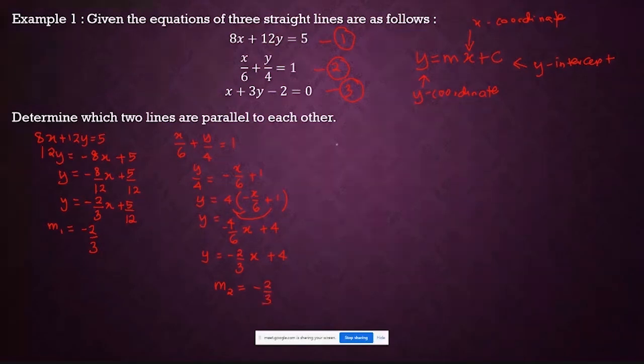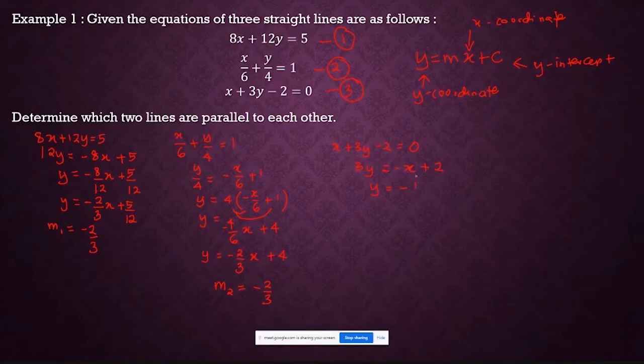Okay, next for the third line, x plus 3y minus 2 equals 0. Again, we do the same thing. 3y equal to negative x, plus 2. So y equal to negative. Here the relation between 3 and y is multiplication, so we need to divide.